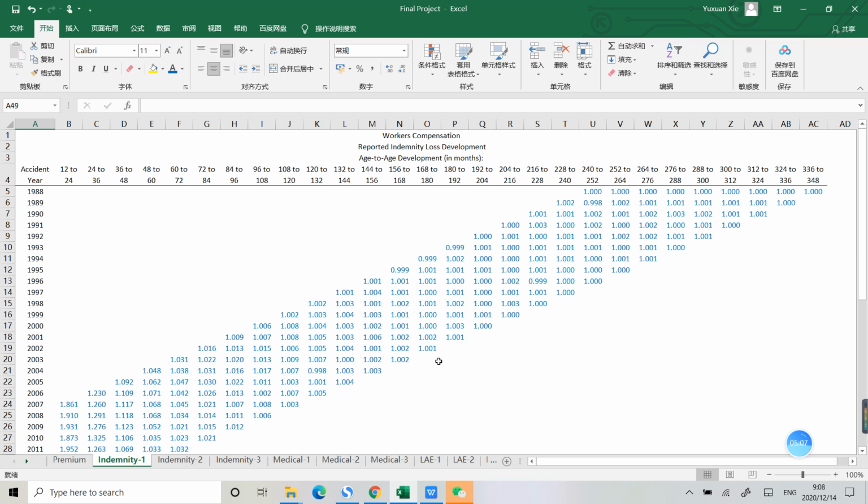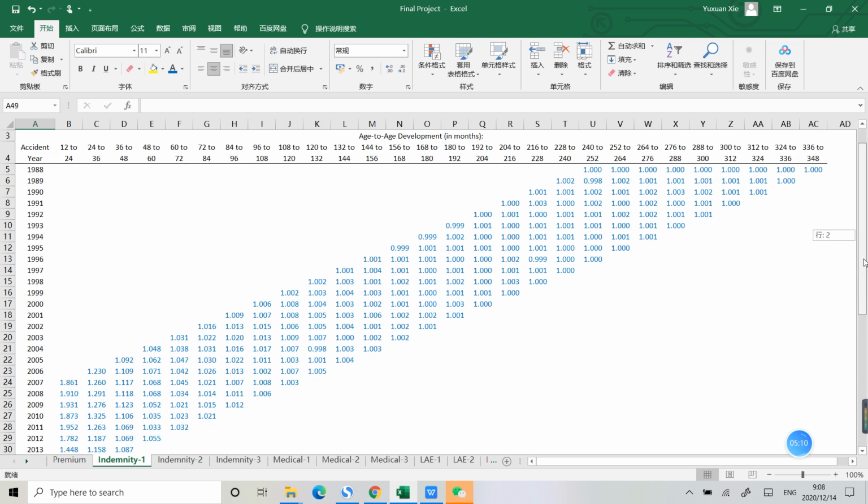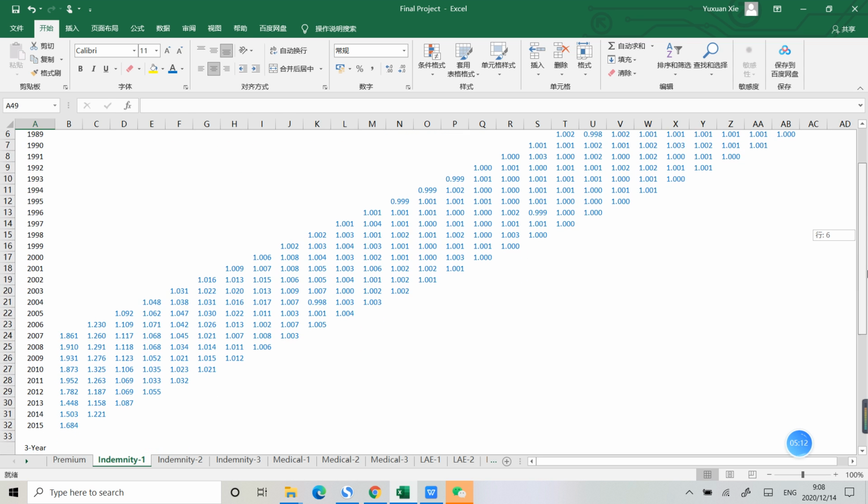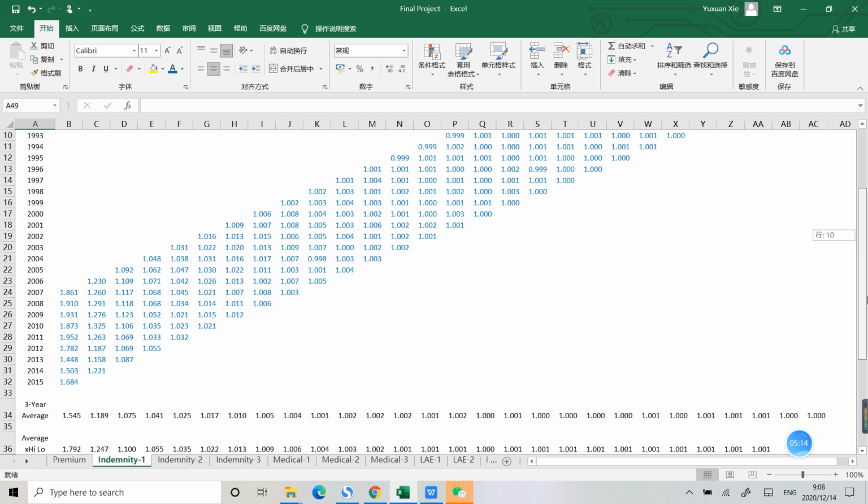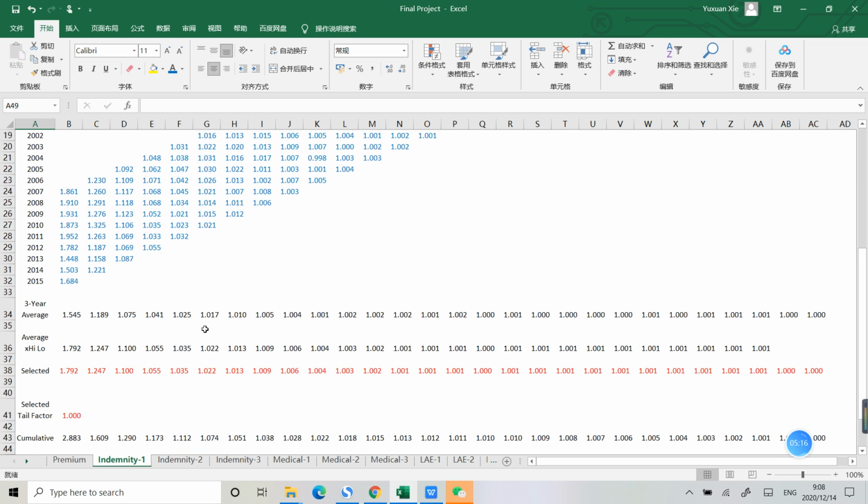All the numbers are given. But we should calculate the 3-year average, the average excluding high and low, and the cumulative.